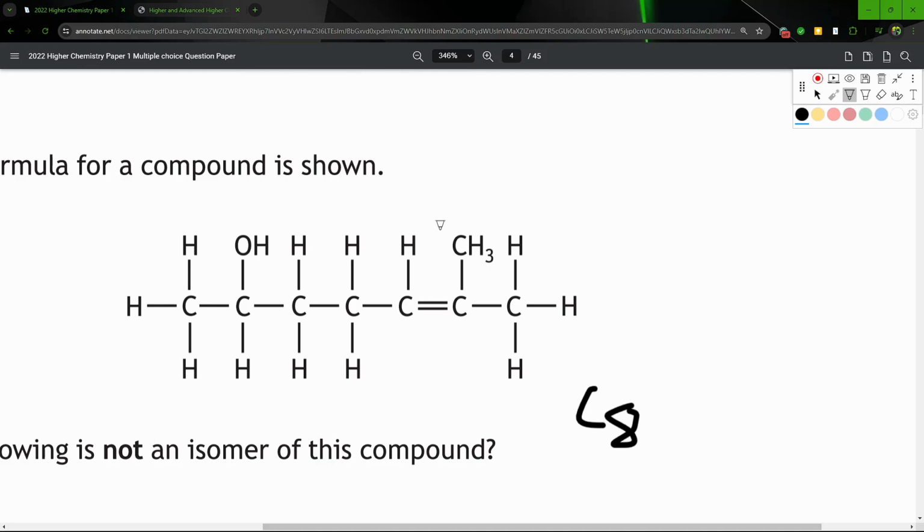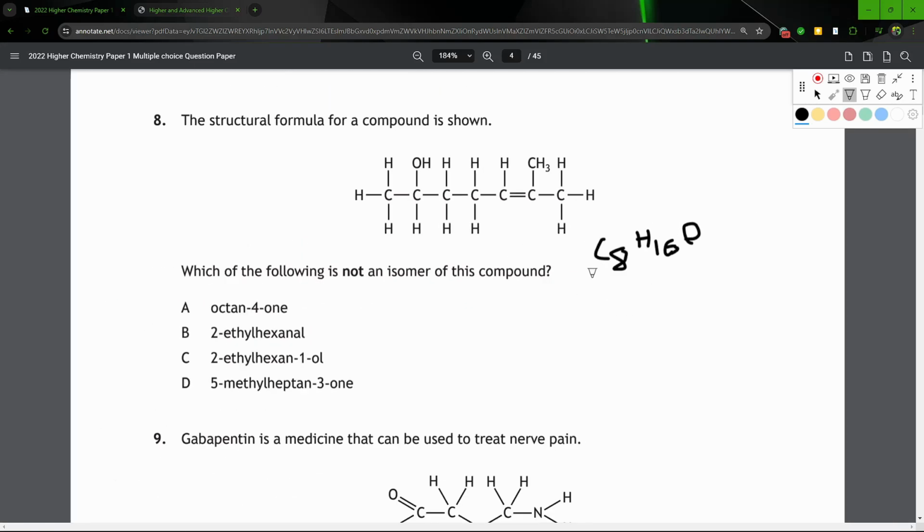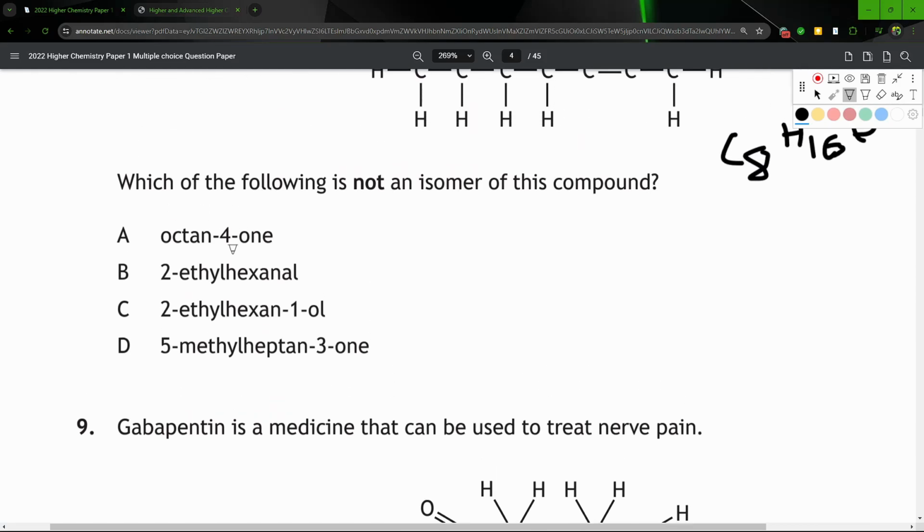How many hydrogens do we have? So we've got 3, 4, 5, 6, 7, 8, 9, 10, 11, 12, 13, 14, 15, 16. And then finally we have a single oxygen atom. So it'll be C8H16O. So let's have a look around. Octan-4-one.